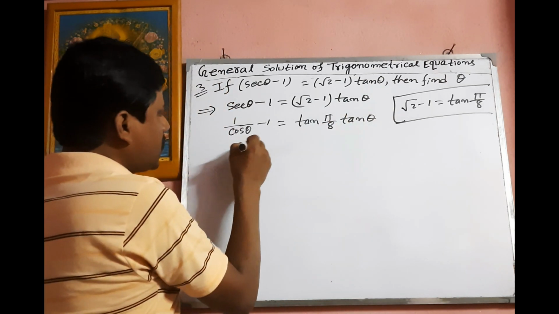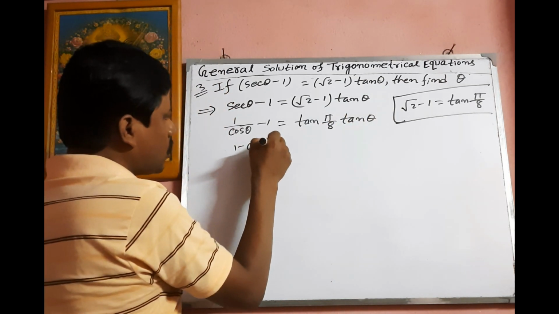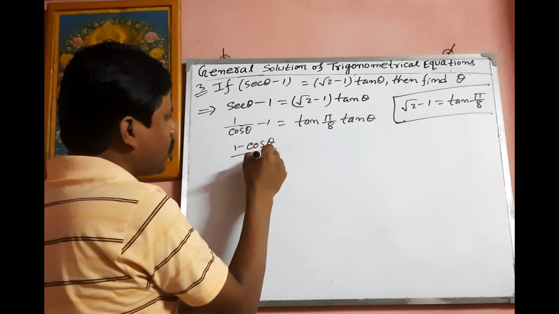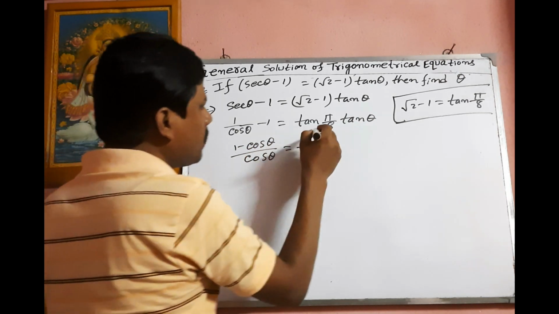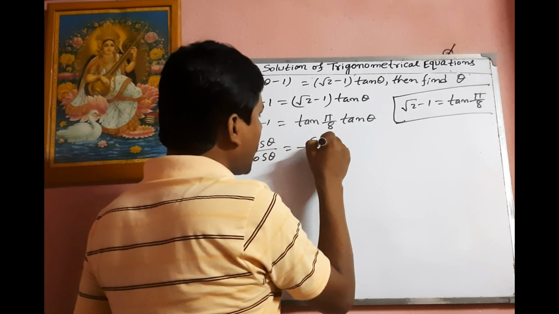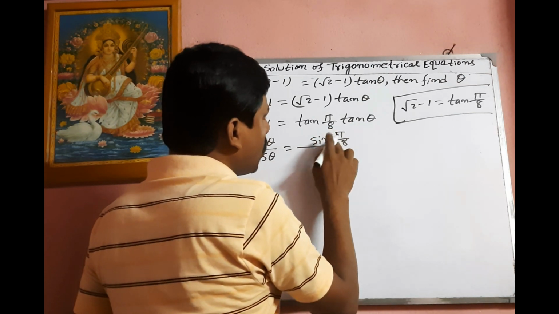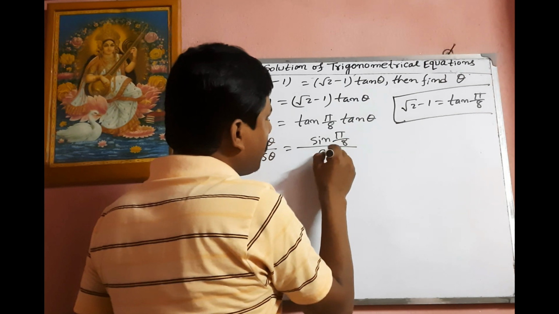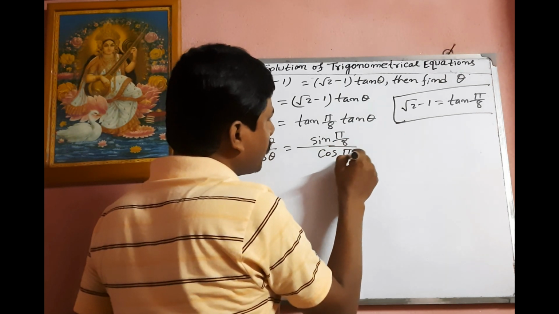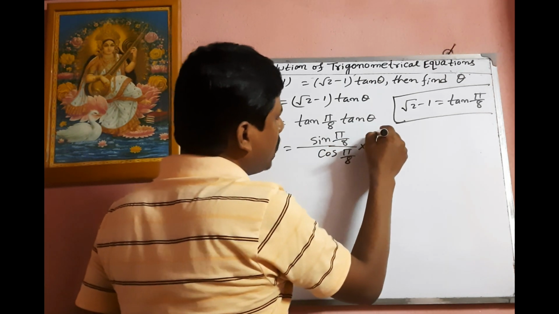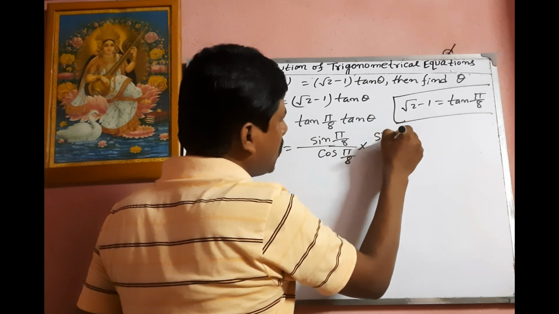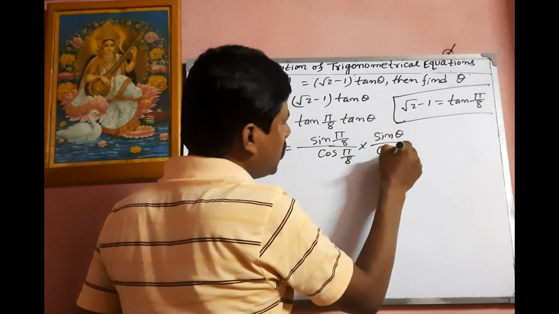Now taking the LCM we get 1 minus cos of theta divided by cos of theta, and similarly tan means sin pi by 8 divided by cos pi by 8, and this one is sin of theta divided by cos of theta.